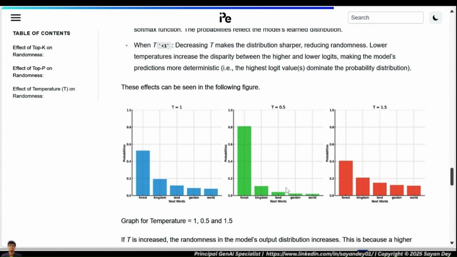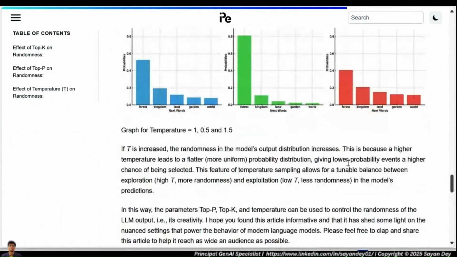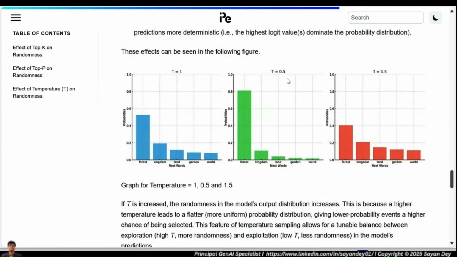Let me repeat what I'm saying. As the temperature is lower, when the temperature is 0.5, or even better, goes towards 0, the word forest has the highest probability. Remember, I told you one very important thing: all these LLMs are basically completion engines, word completion engines.